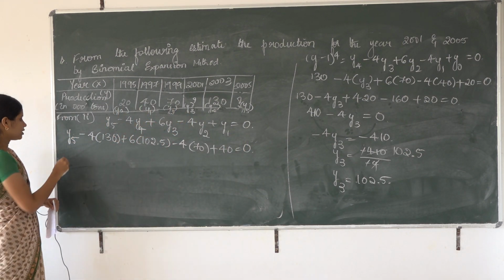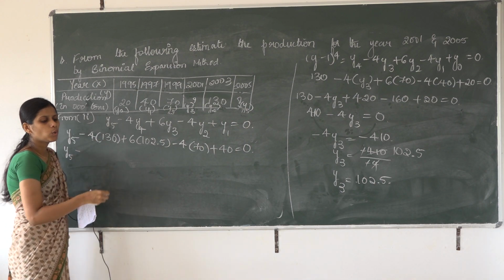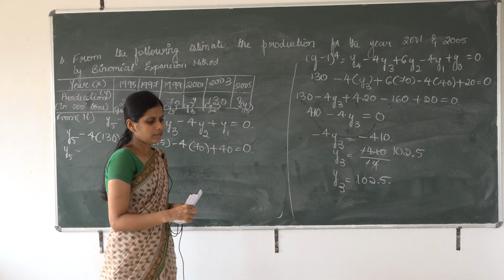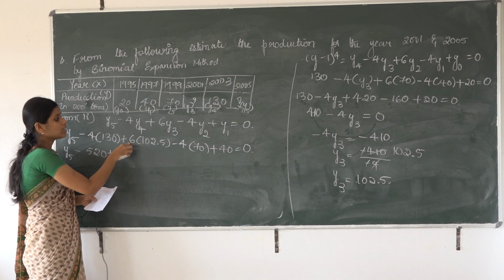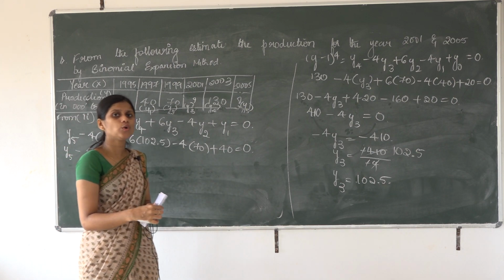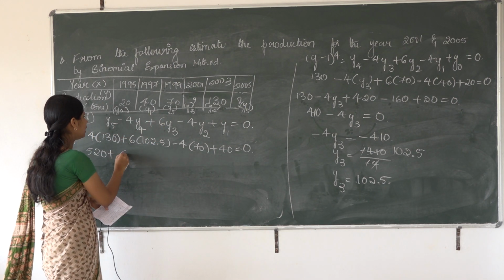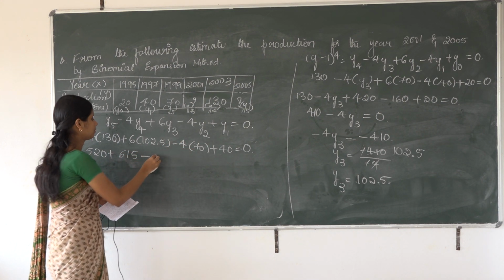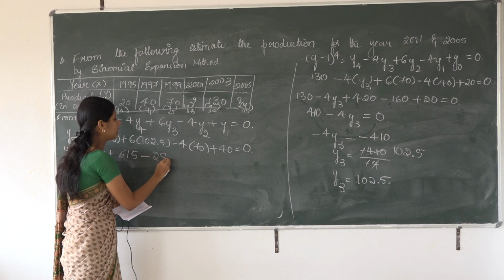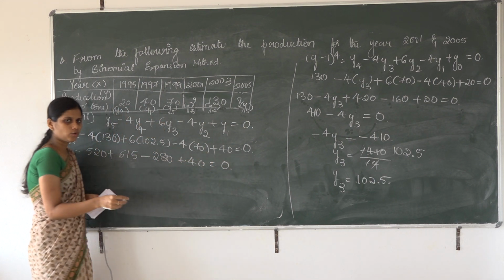Now solve this equation. y5 we have to write as it is, minus 4 into 130, it is 520, plus 6 into 102.5. When you multiply, the value will be 615, minus 4 into 70, 280, plus 40 is equal to 0.